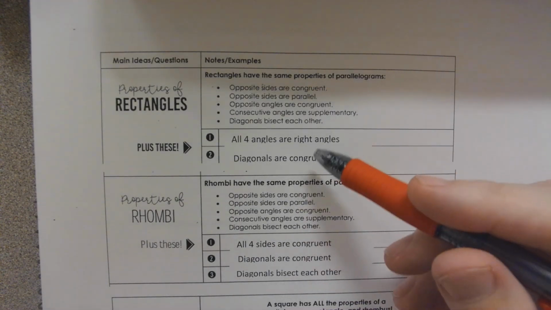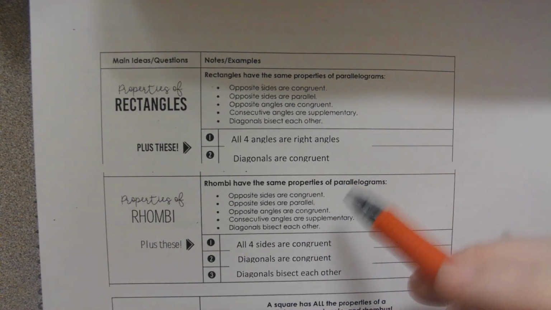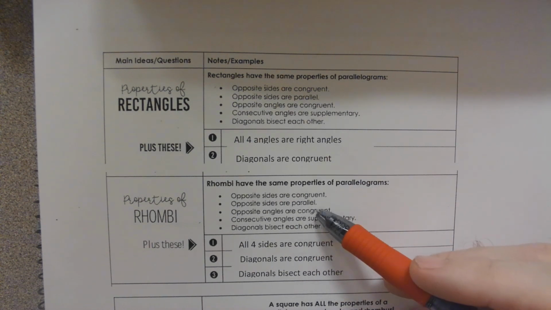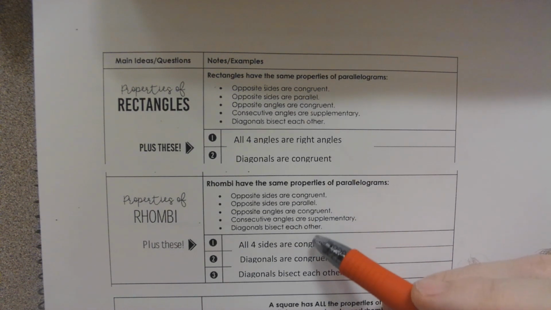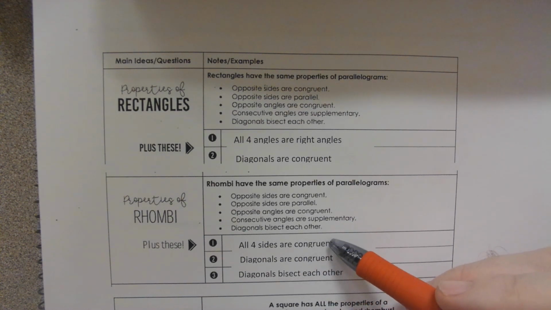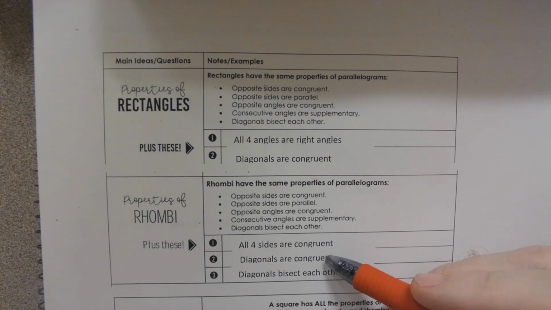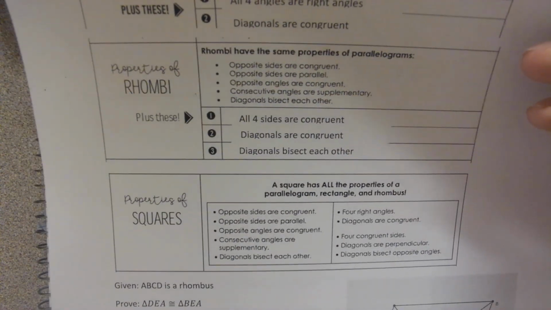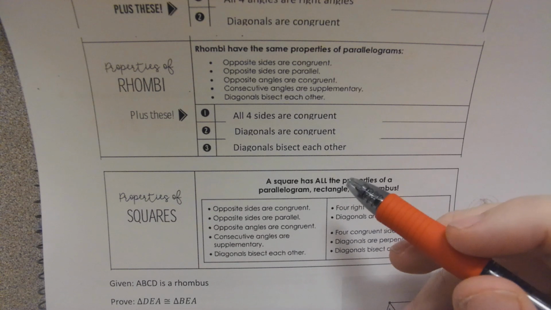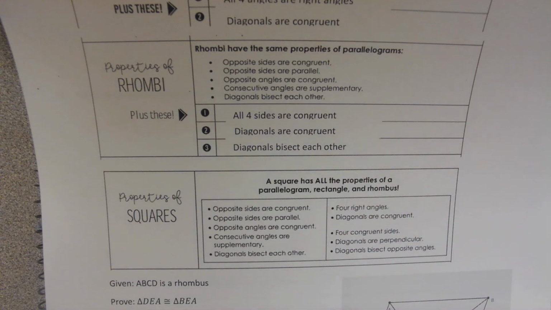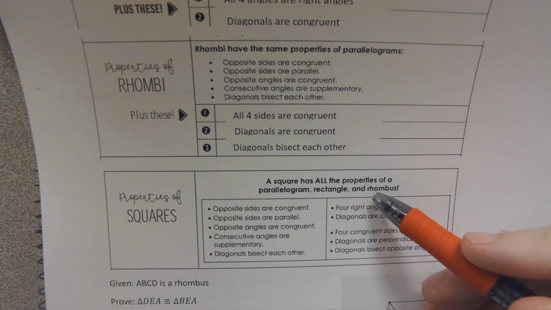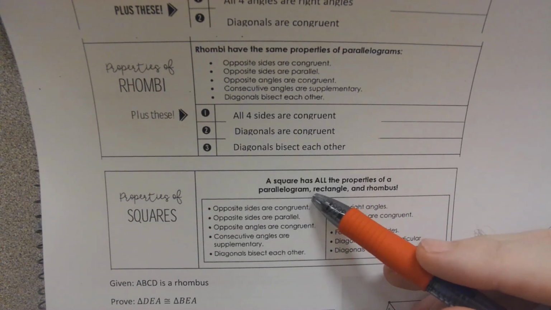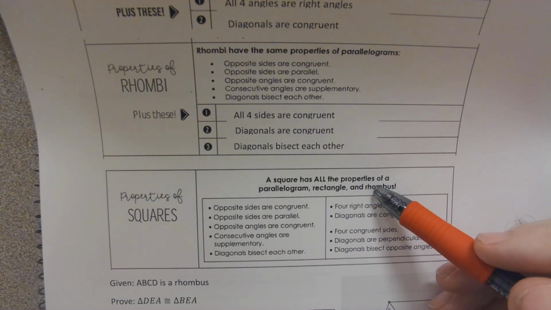For rhombi, again, all this for parallelograms, but then more specifically to rhombi, all four sides are congruent, the diagonals are perpendicular, and the diagonals bisect opposite angles. And then a square has all the properties of a parallelogram, a rectangle, and a rhombus.